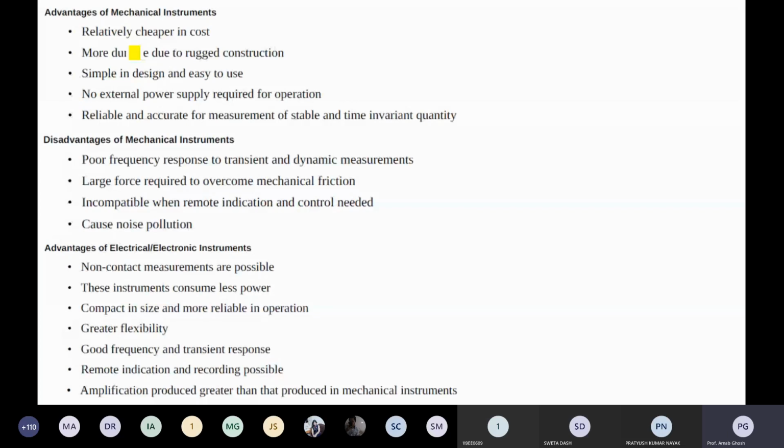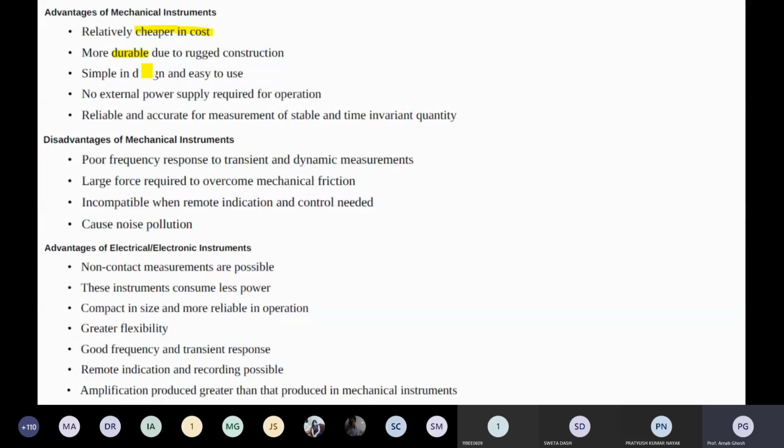The first point is that it is cheaper in cost. The second is that it is more durable; you may use it in a very dusty place, sometimes a moist place, because it is cheaper and robust in manner.